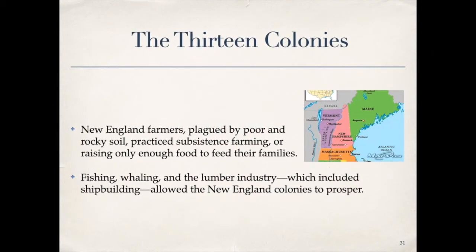New England farmers, plagued by poor and rocky soil, practiced subsistence farming, or raising only enough food to feed their families. Fishing, whaling, and the lumber industry, which included shipbuilding, allowed the New England colonies to prosper.